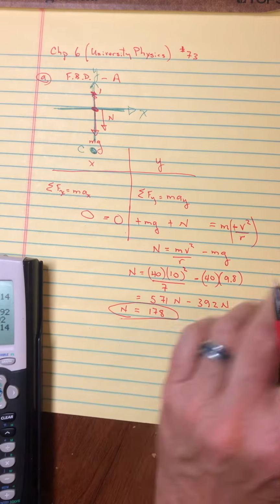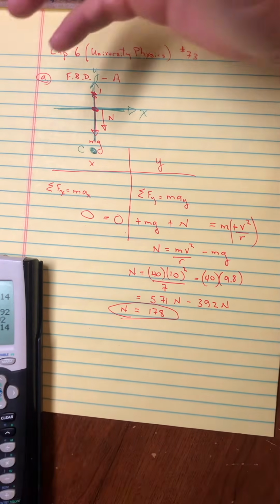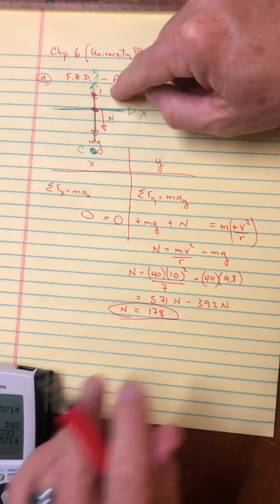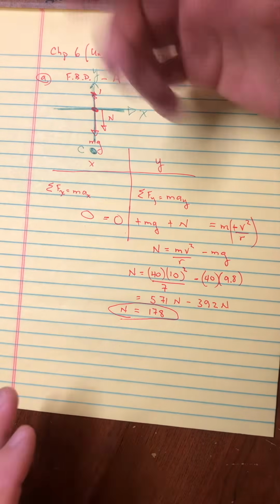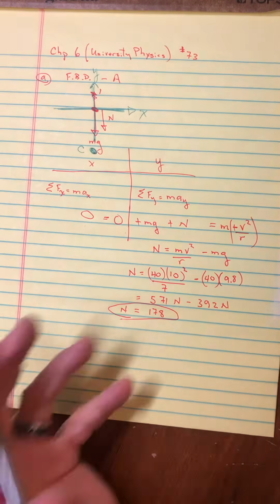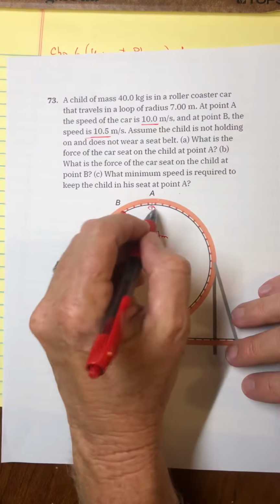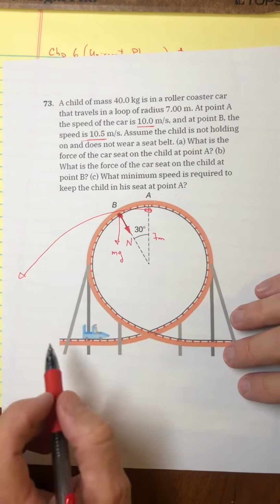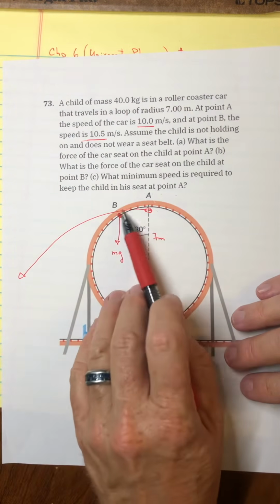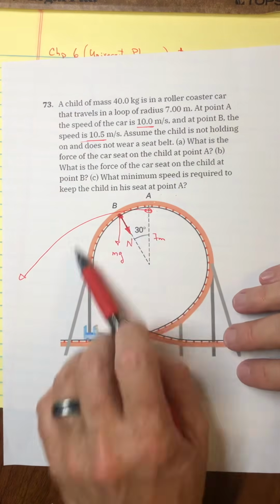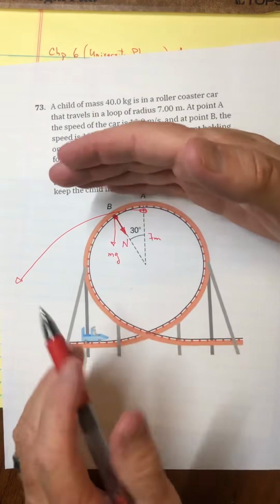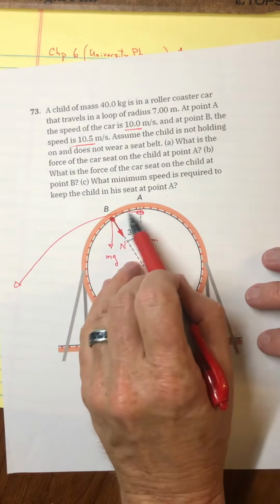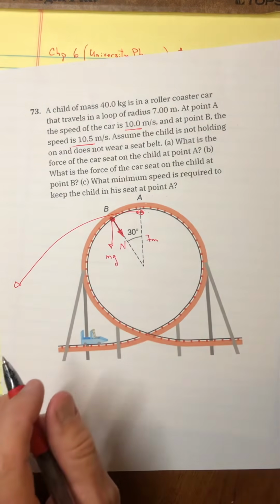So this child at this point is going to be okay because it's pushing downward, or put another way, if the child was not in the roller coaster, the child would probably make a parabola path like that, and it would have a radius or an arc bigger than the radius of the circle, so the roller coaster twists and really keeps the child in the seat.